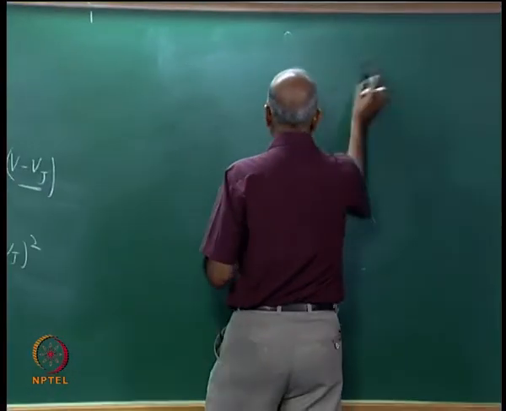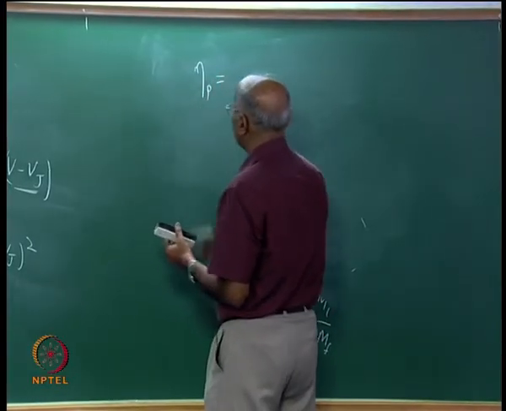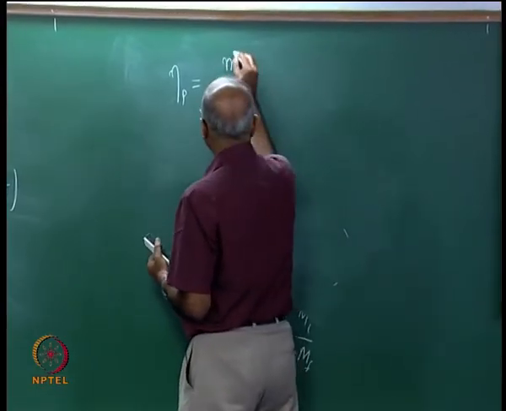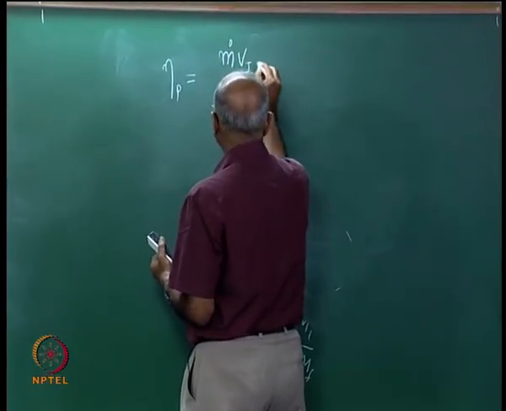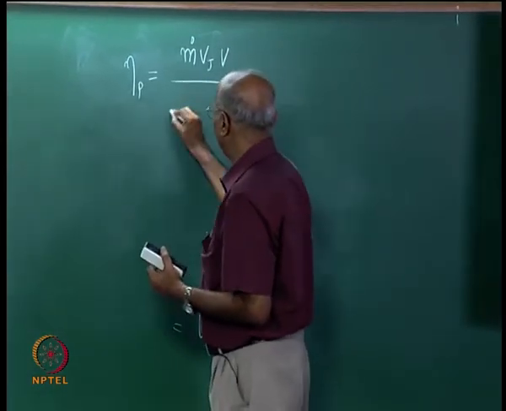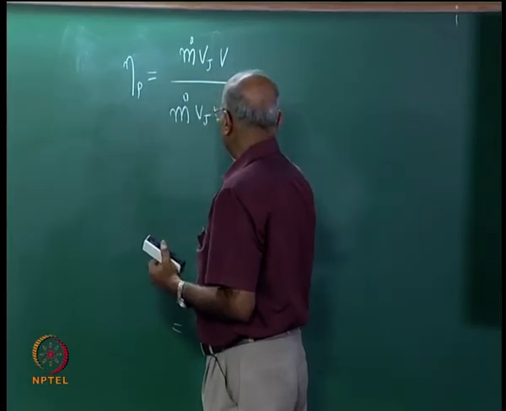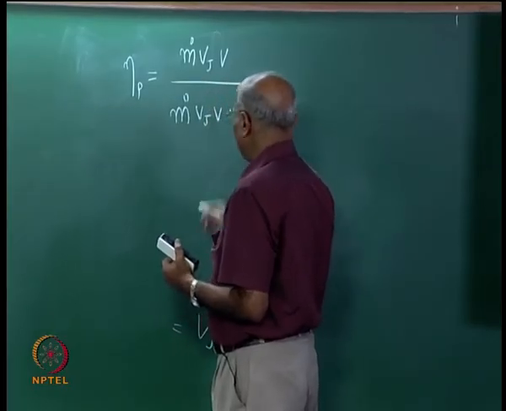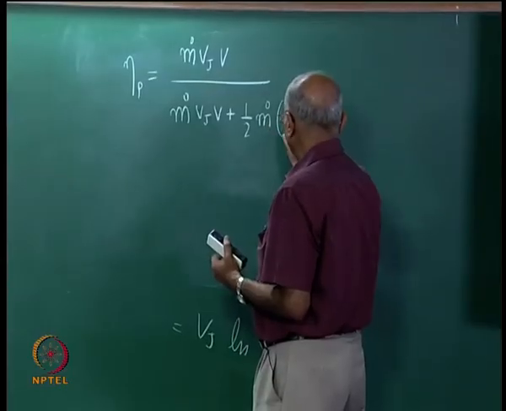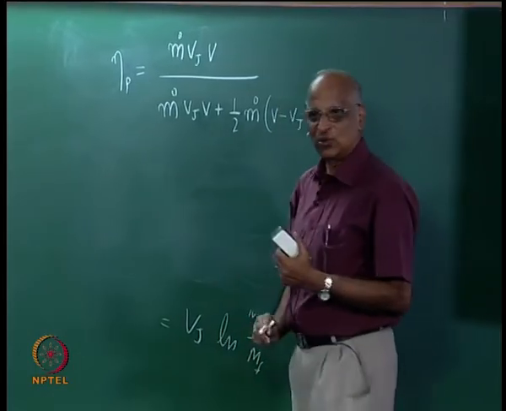I will now write the equation as eta p, propulsive efficiency, is equal to the useful work done, which is equal to m dot Vj, the force, into v of the rocket, divided by useful one, m dot Vj v plus the kinetic energy per unit time, half m dot into v minus Vj whole square.